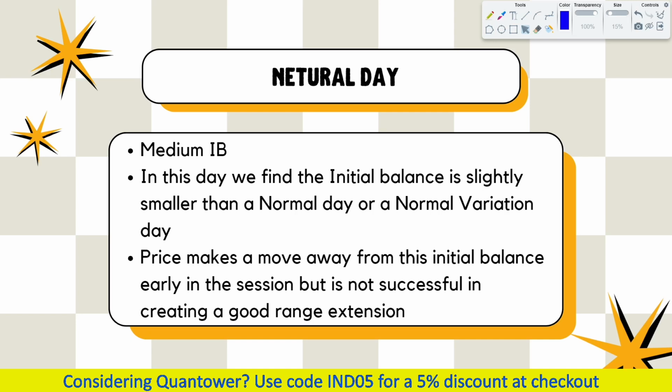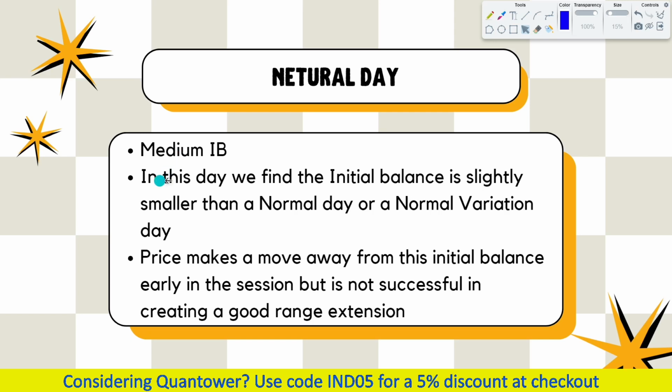Once we calculate using the ATR value, you can add 10 points here and 10 points there. If you don't want to get confused, simply consider medium IB: whatever is in the range of medium IB can be considered a neutral day.